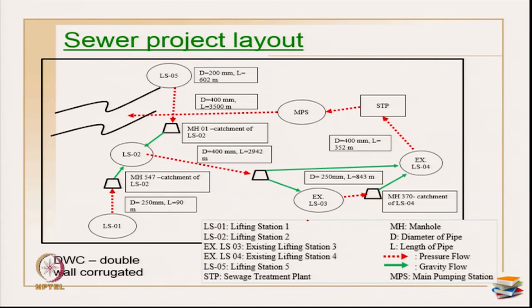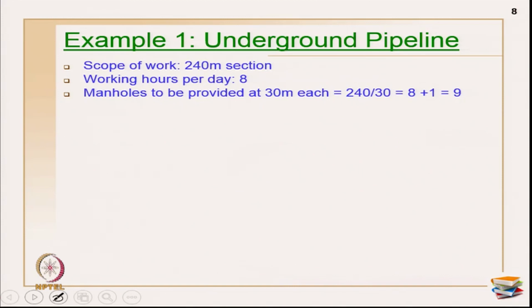Now, the scope of the present project is only on DWC pipes, double wall corrugated pipes, just for one manhole and the pipeline which I have as a connection. So, what are the activities, how is the duration calculated and how is the construction really done? Let us talk only about the underground pipeline including the manholes. How do you plan for the whole section of the work? The scope of the work is planned as a 240 meter section.